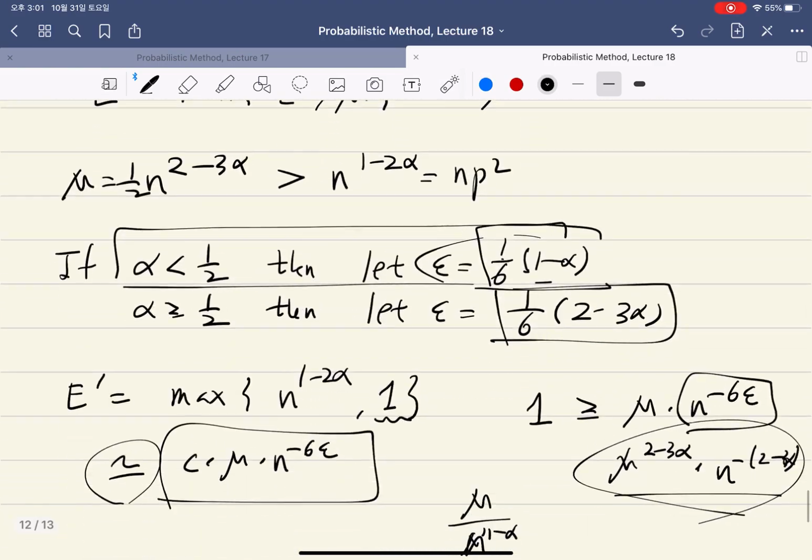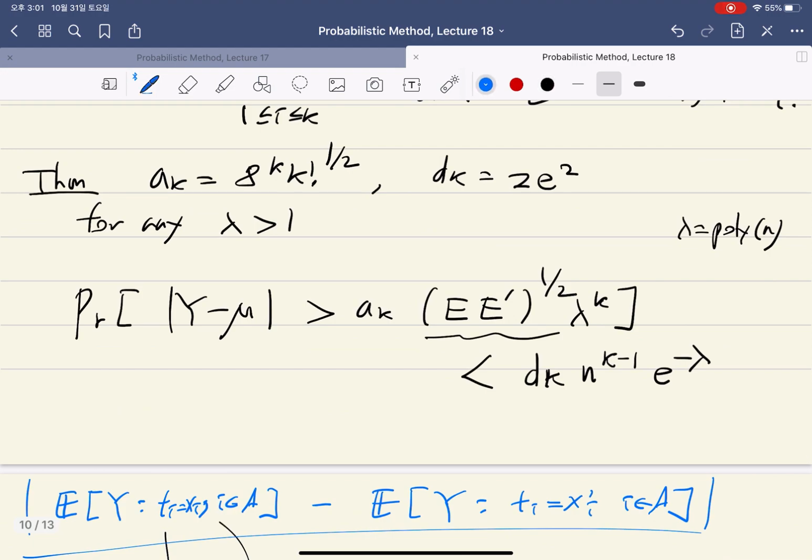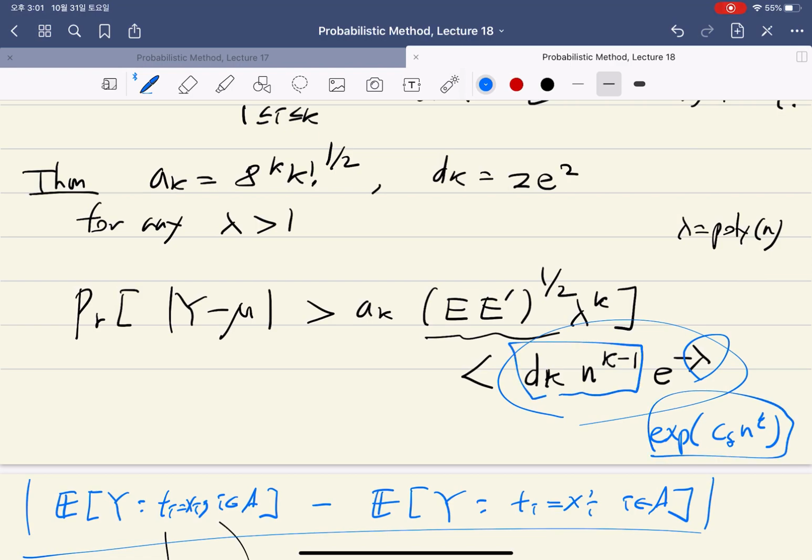Then on the right hand side, you have this term. Again, we know this lambda, which is exponential of some constant depending on delta times n to the epsilon. And this term is just a polynomial, so this dominates. By changing this constant a bit, we can actually delete this term.